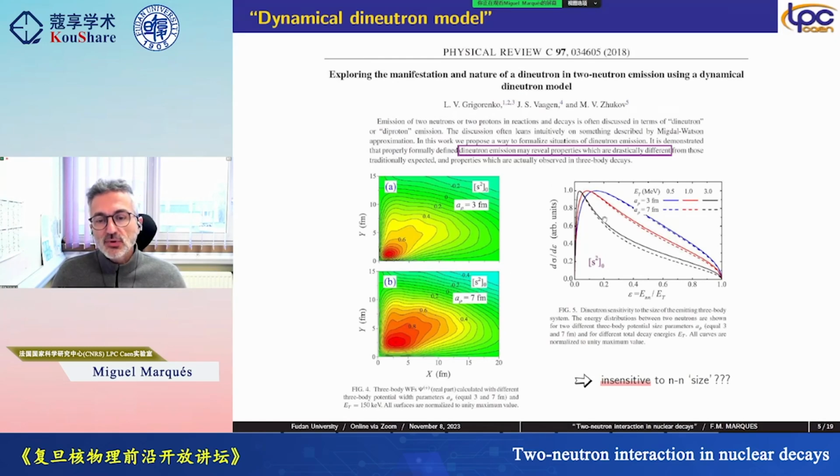And when we calculated the relative energy, the solid lines correspond to the compact case, the dashed lines to the expanded case. And he said that there was no sensitivity to the neutron-neutron size. So for him, all that we see in the final state is related to the structure, not to the size of the system.